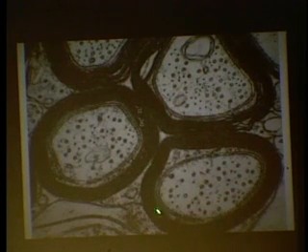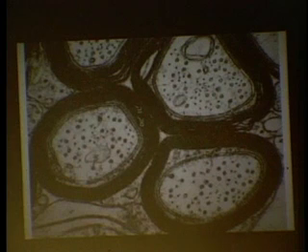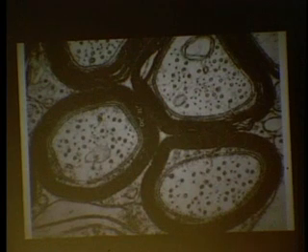What is myelin? Somebody asks you, what is myelin? Fat? Okay, what fat? A lipoprotein, right. Phospholipid it is. It's a phospholipid, right? So this is myelin. Okay, next one.